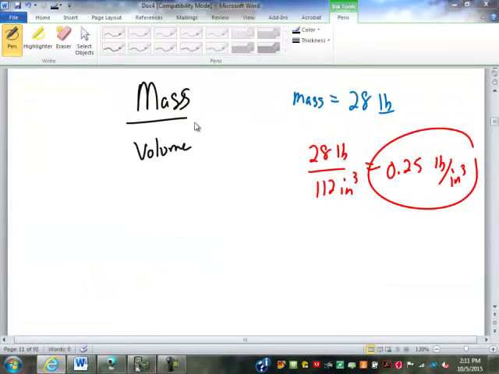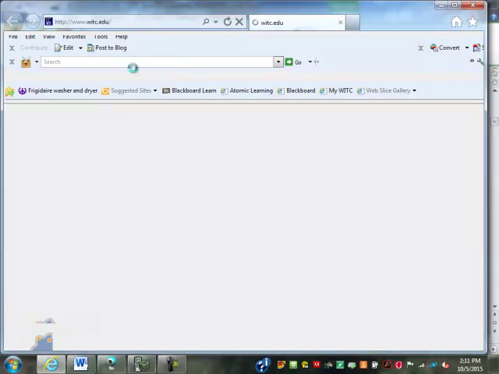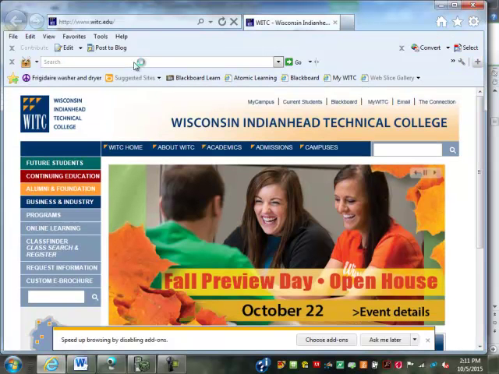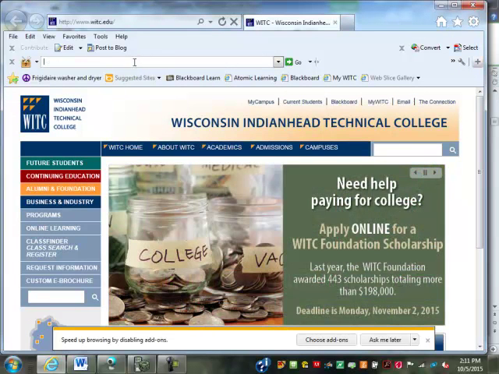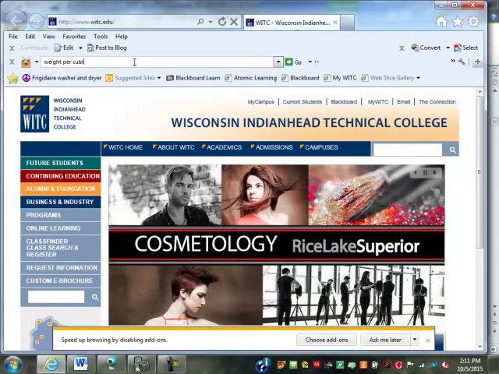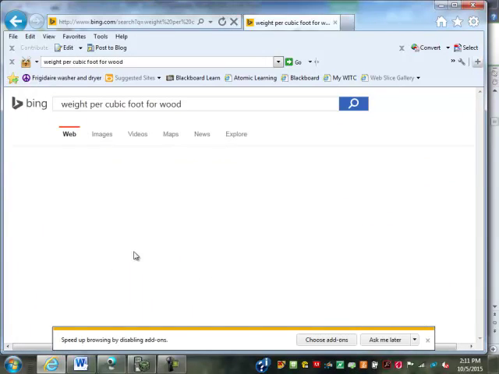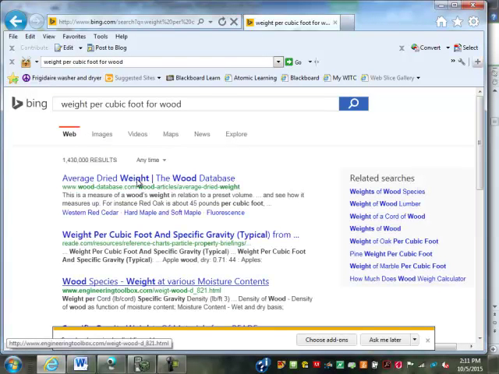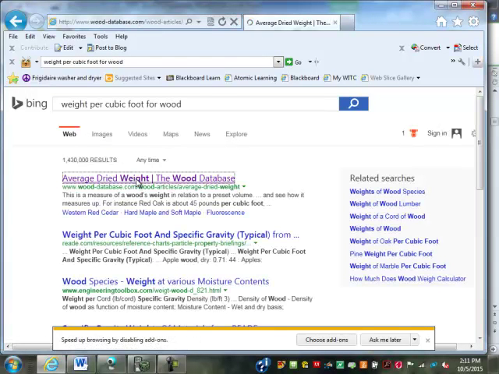But we'll look it up here just to make you happy. Average dried weight of wood. There we go.